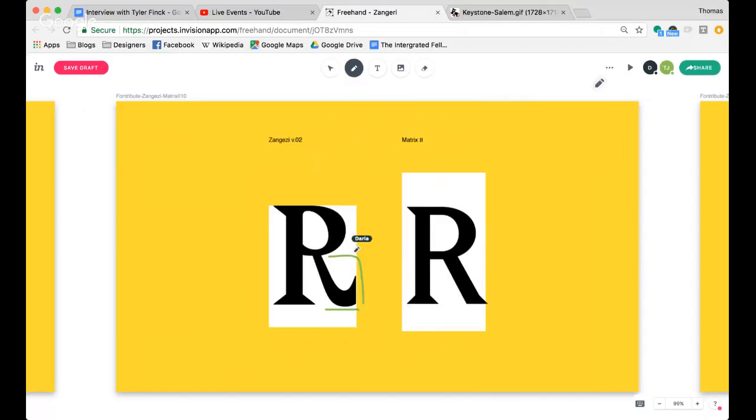But it was somehow way too dark and boring, so I came up with this one, which is not quite logical because this downstroke should actually be heavy. But so far I think it works because it has a lot of weight here. So I think it compensates for the lack of weight in the diagonal.